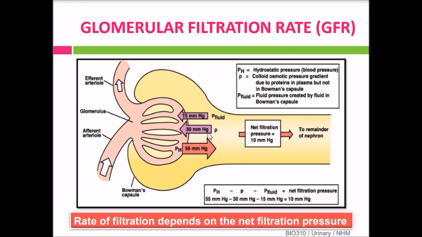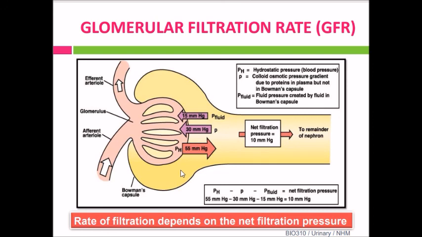And then Pi here refers to the osmotic pressure caused by the concentration of protein inside the blood plasma. And last we have P fluid. P fluid refers to the fluid pressure created by the fluid of the Bowman capsule.